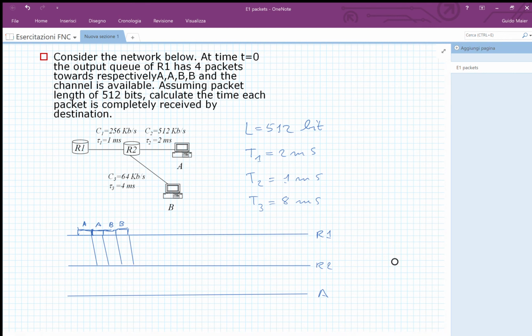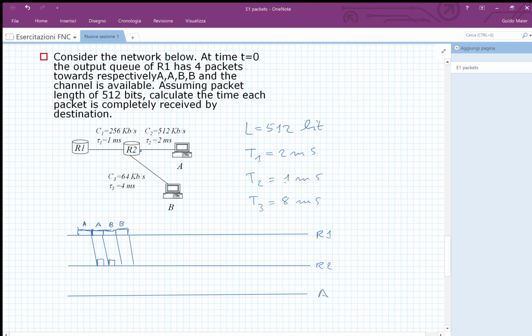What happens in R2? Now we have 2 packets that are going to A and 2 packets that are going to B. The 2 packets that are going to A are retransmitted starting from this point. The speed of the output interface of R2 towards A is twice the speed of the output interface of R1. So the packets will take less time to be transmitted, and in particular they take 1 millisecond.